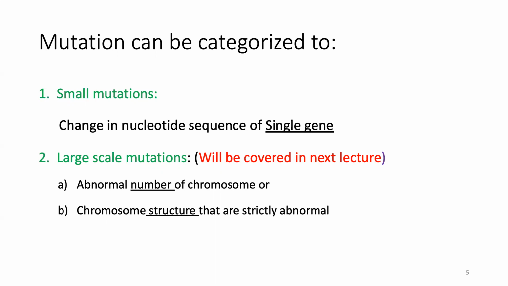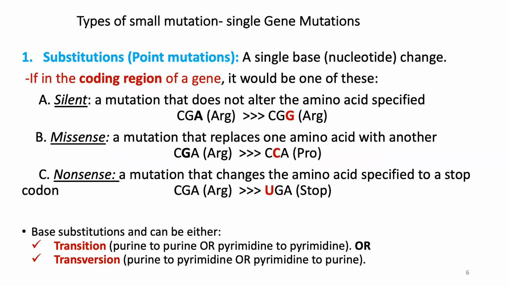It will be either abnormal number of chromosome like trisomy, or chromosomal structure that are strictly abnormal. It affects the structure. But anyway, the large-scale mutation will not be covered in this lecture. It will be covered by Dr. Sherko in next lecture. But in this lecture, we'll try to cover the small mutation.